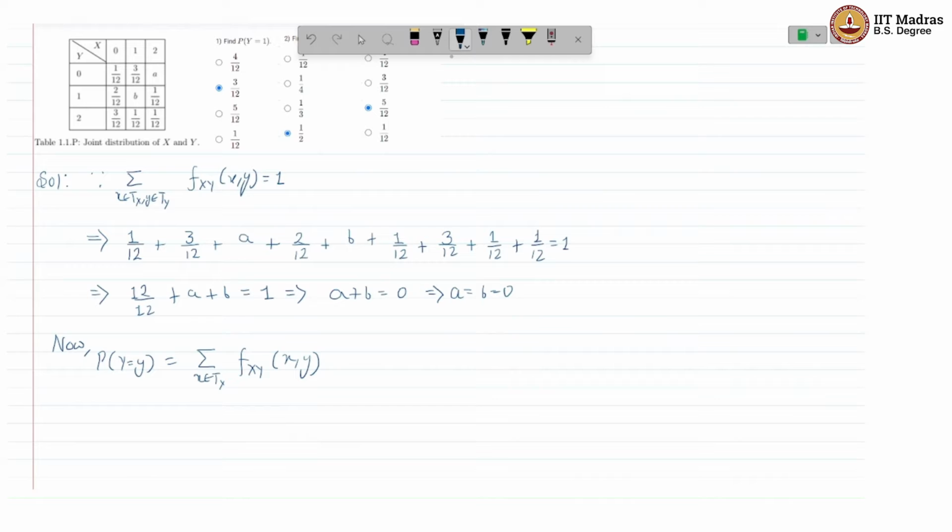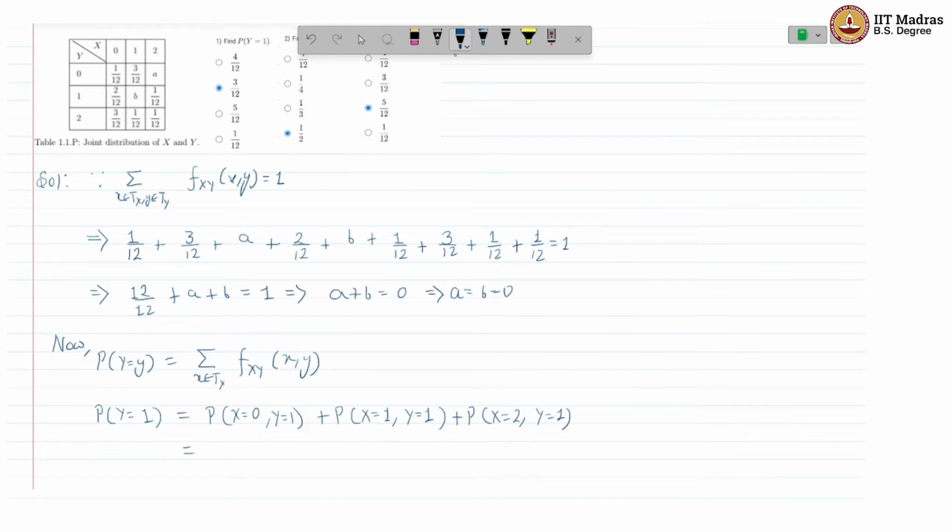We have to calculate the marginal Y equal to 1. For this, we'll sum all the possible probabilities of xy pairs where Y is equal to 1 and x takes different values. So this will be equal to the probability X equal to 0, Y equal to 1, plus the probability X equal to 1, Y equal to 1, plus the probability X equal to 2, Y equal to 1.